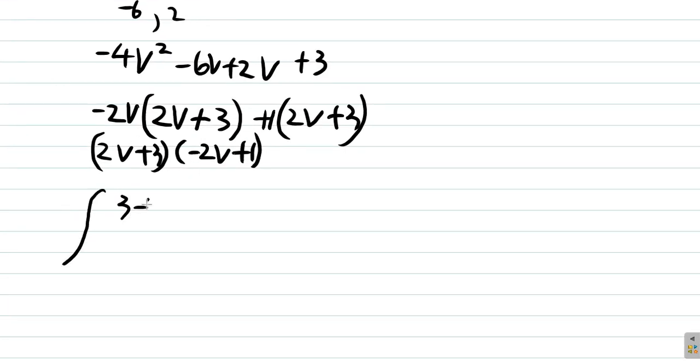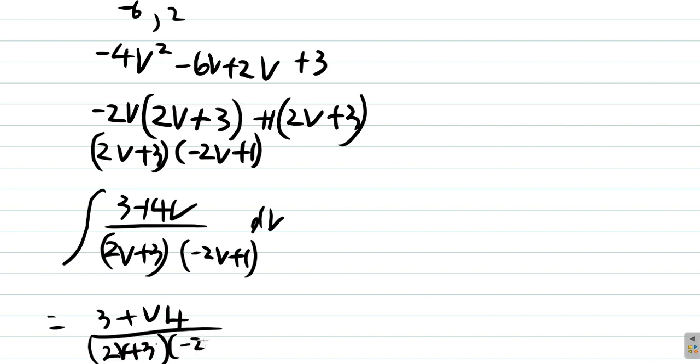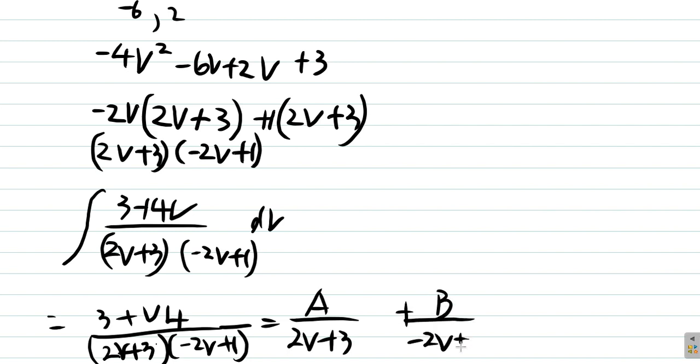The integral of 3 plus 4v over 2v plus 3 times negative 2v plus 1 dv. Using partial fractions now: 3 plus 4v over 2v plus 3 times negative 2v plus 1 is equal to A over 2v plus 3 plus B over negative 2v plus 1.